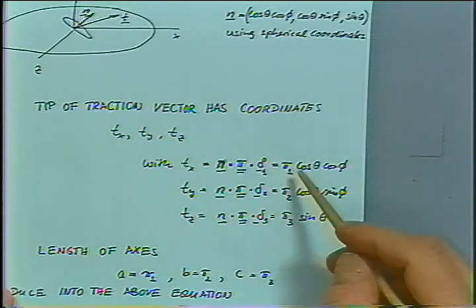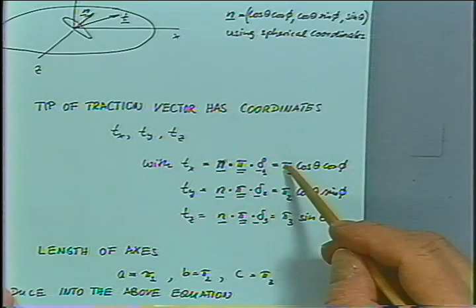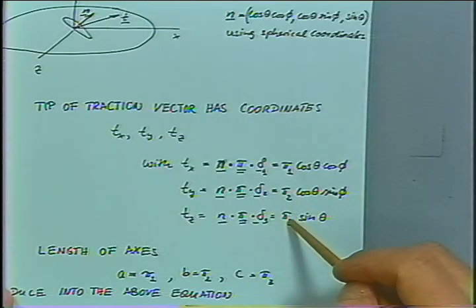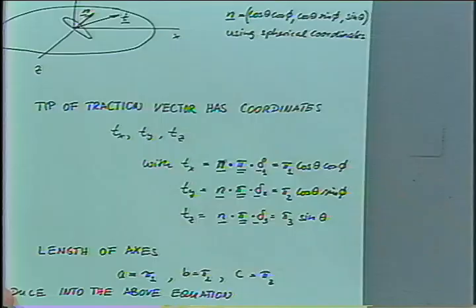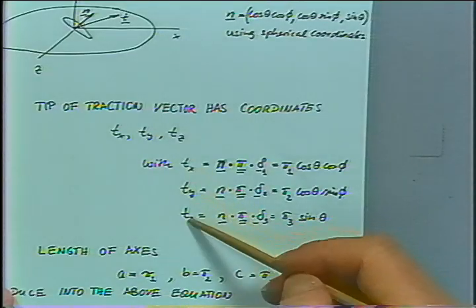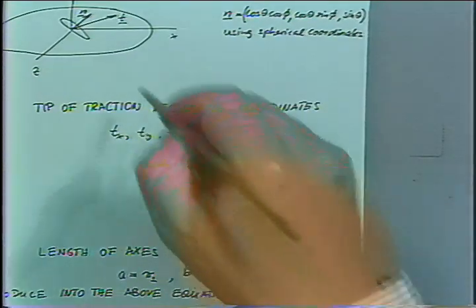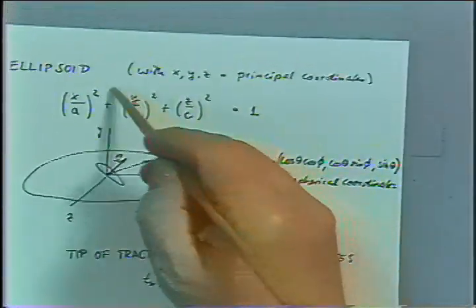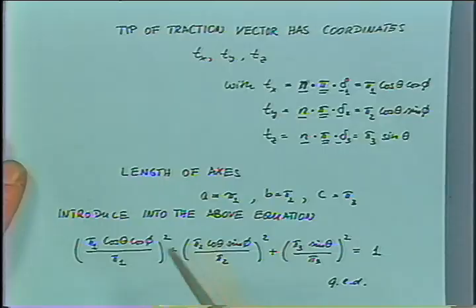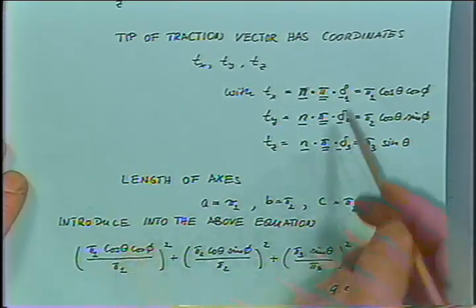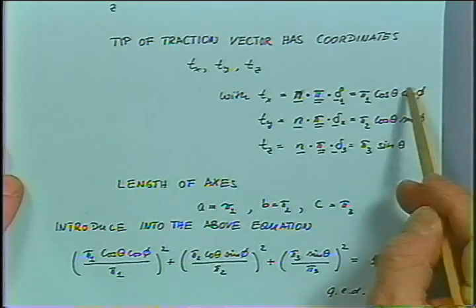So that we would define the stress tensor in terms of pi 1, pi 2, pi 3. Value along here, along there, and along there. And we get now the x, y, and z components, and we put those into the equation for the ellipse. And that's what I'm doing down here. We would put x here, this tx, we put this value.